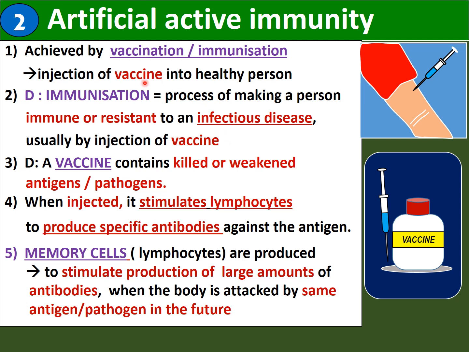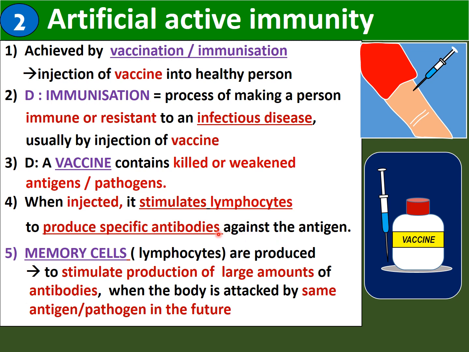So what is a vaccine? A vaccine is a suspension that contains dead or killed or weakened antigens and pathogens. They are weakened or dead so that they will not harm us. But when injected, they stimulate the lymphocytes in the human body to produce the specific antibodies against that antigen.